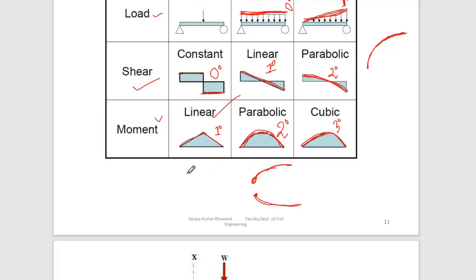How about this if I say? Now this is increasing, right? If this is the starting point. Increasing, sir. This is also increasing.